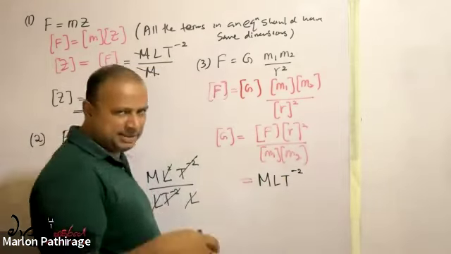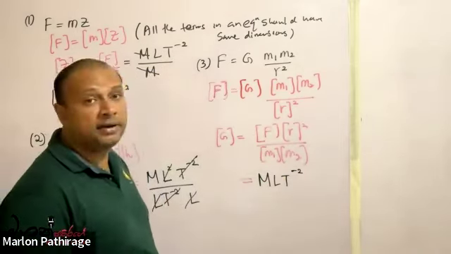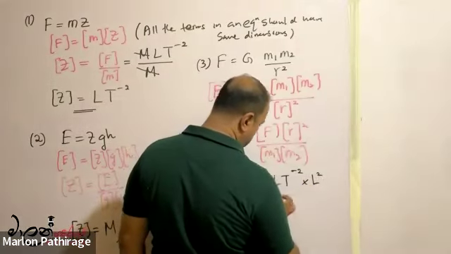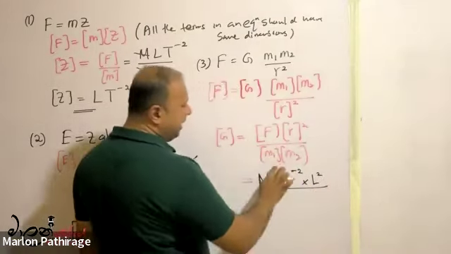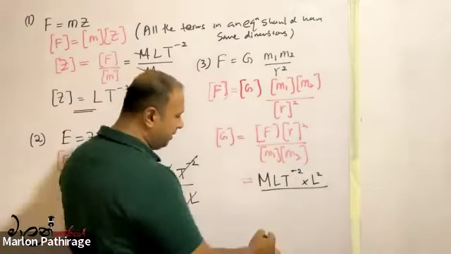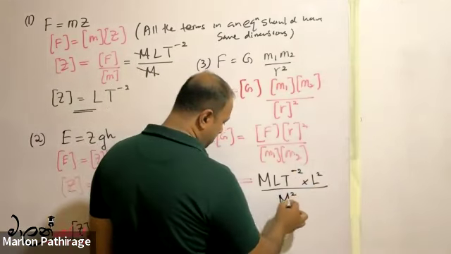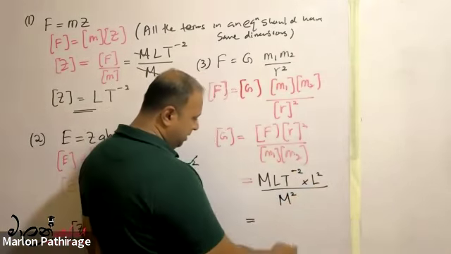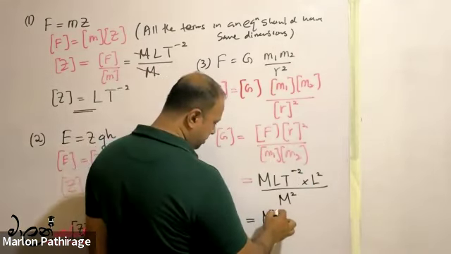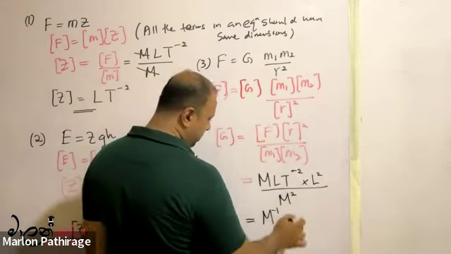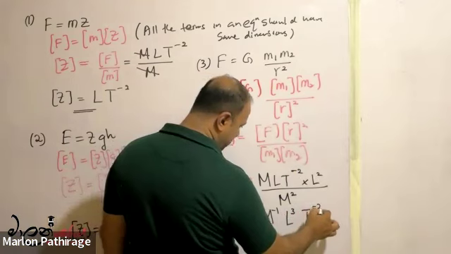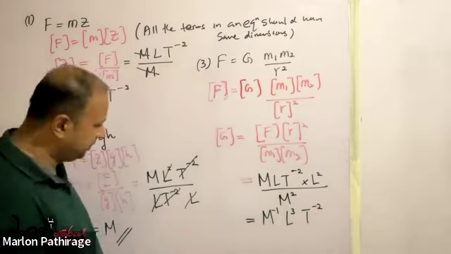R squared means it is a length, therefore R squared means L squared, over mass into mass, which means M squared. Therefore the answer is M minus 1 L cubed T minus 2.